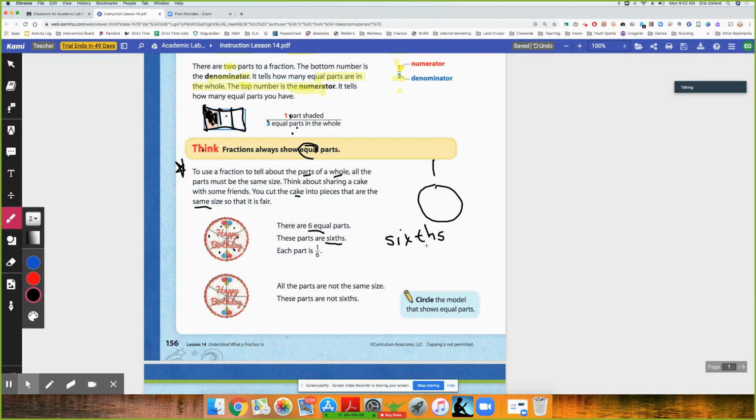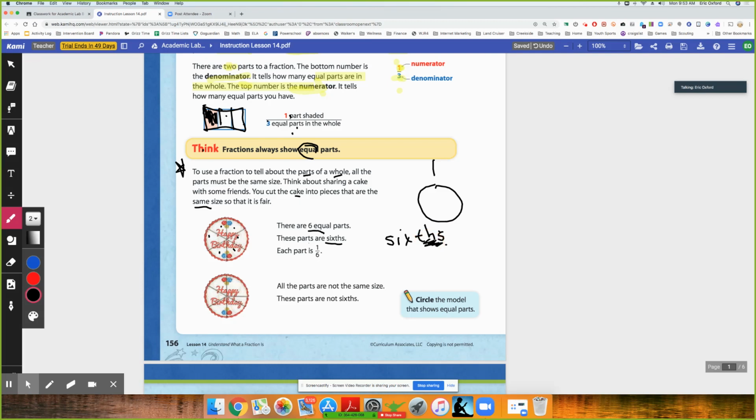So that part at the end of the number is a clue that should tell you that it is a fraction. I'm having a hard time with my pen here. I don't want to go back to my mouse, but this part right here, sixths, THS.